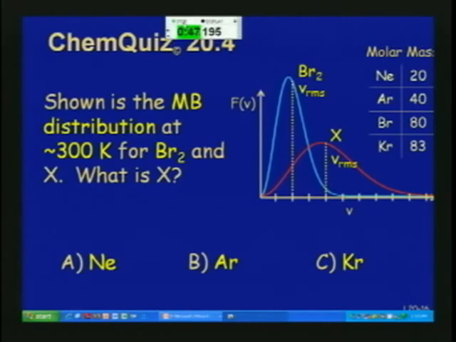So this is 1, 2, 3, 4. So it doubled the root mean square speed. And your mass is obviously here in the square root denominator.